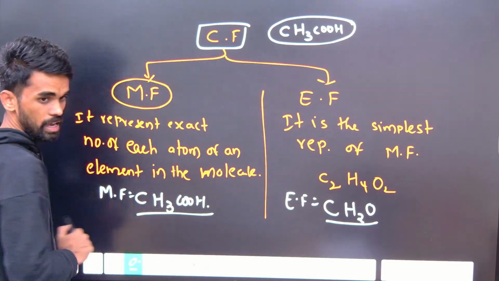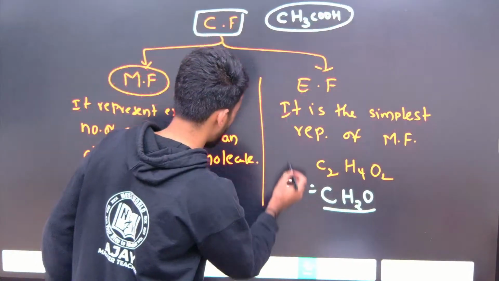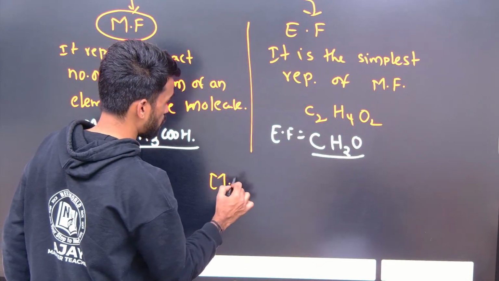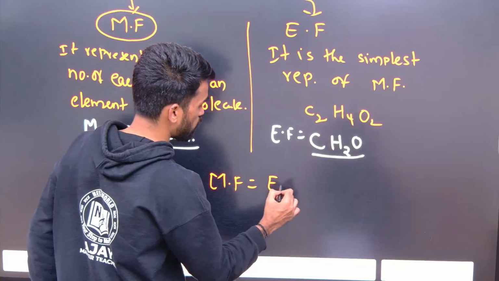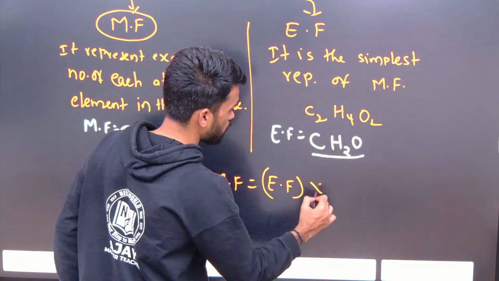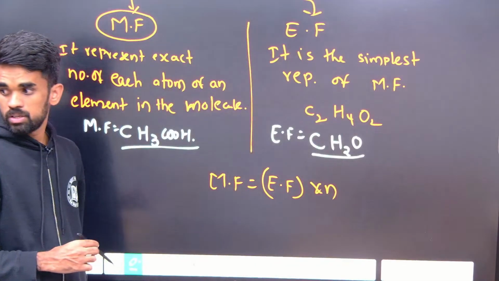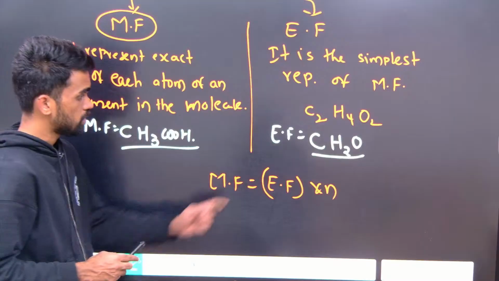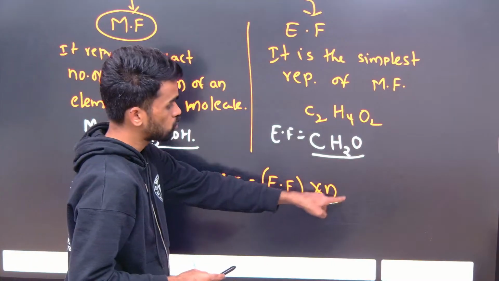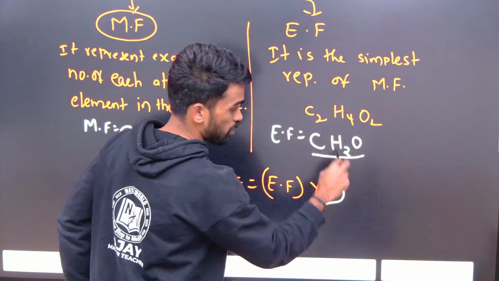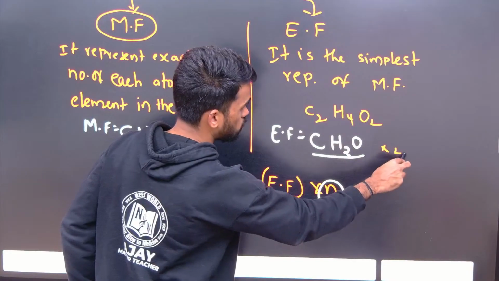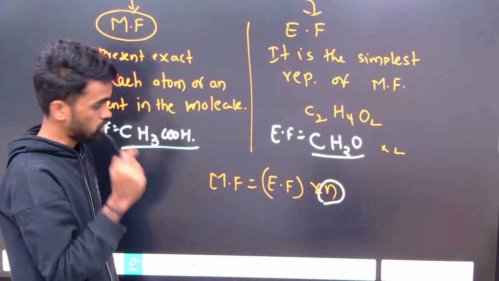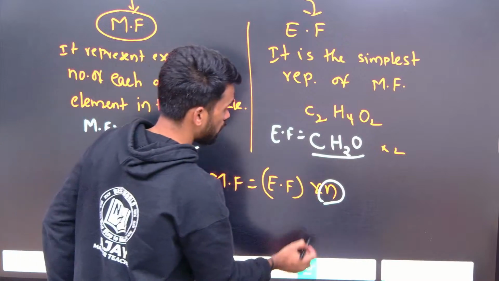Now how can you relate empirical formula and molecular formula? Molecular formula equals empirical formula multiplied by some whole number. What is the whole number here? 2. Because if I multiply the empirical formula with 2, you will get C2H4O2.